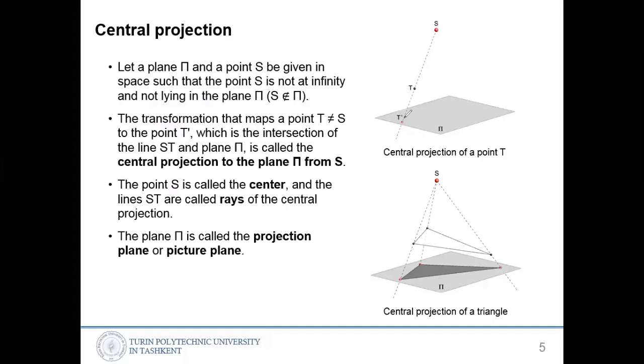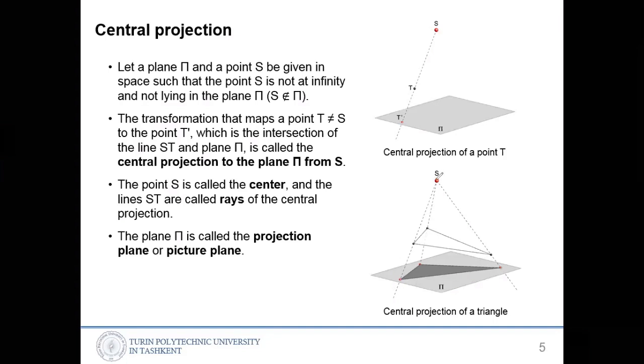We said many objects can be generated by using points, right? So if you project every point of the object into the plane, you can generate the projection of that object on that plane. By projecting many points into the plane, we can generate the projection. For example, a triangle is given in the space. How do we project it?